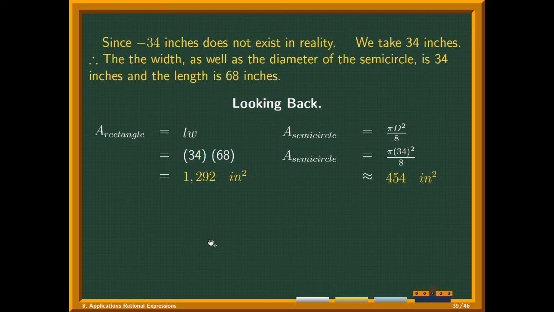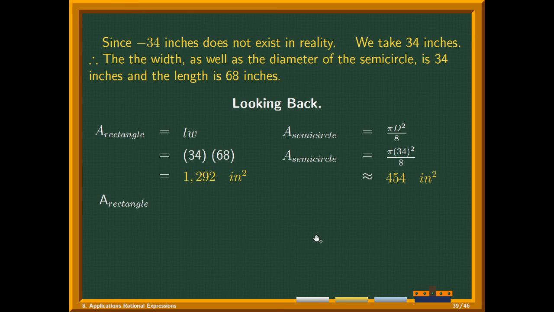Now, since these are the exact values of the rectangular window as well as the semicircle, we need to check against the given raw glass material.